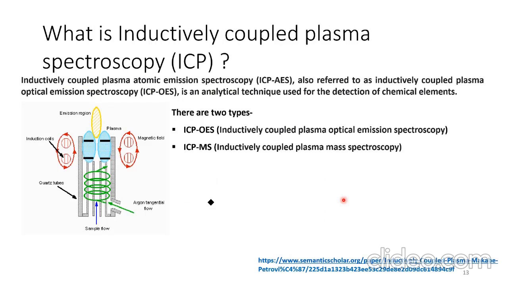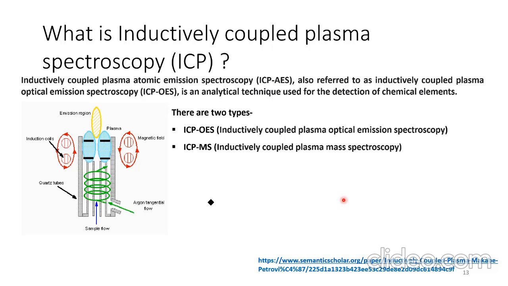Then we have inductively coupled plasma spectroscopy also. Sometimes it is combined with the AAS or AES. Inductively coupled plasma atomic emission spectroscopy is also referred to as inductively coupled plasma optical emission spectroscopy, and it is a technique which can be used to detect the chemical elements. Here it will become more sensitive with the help of ICP.